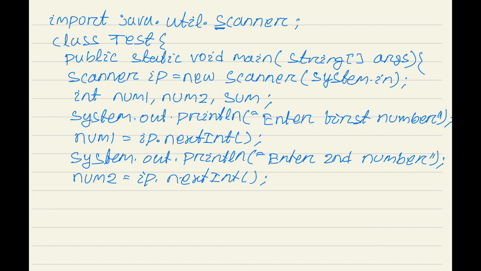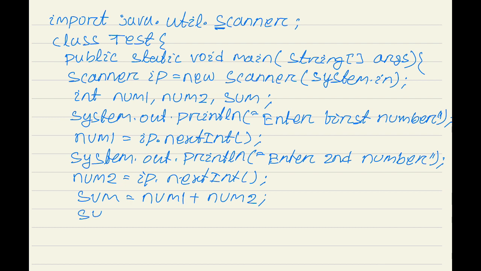So it reads the number from the user and stores that number in the variable num2. Then I can write sum = num1 + num2. That means it computes the addition of num1 and num2 and puts that in sum.